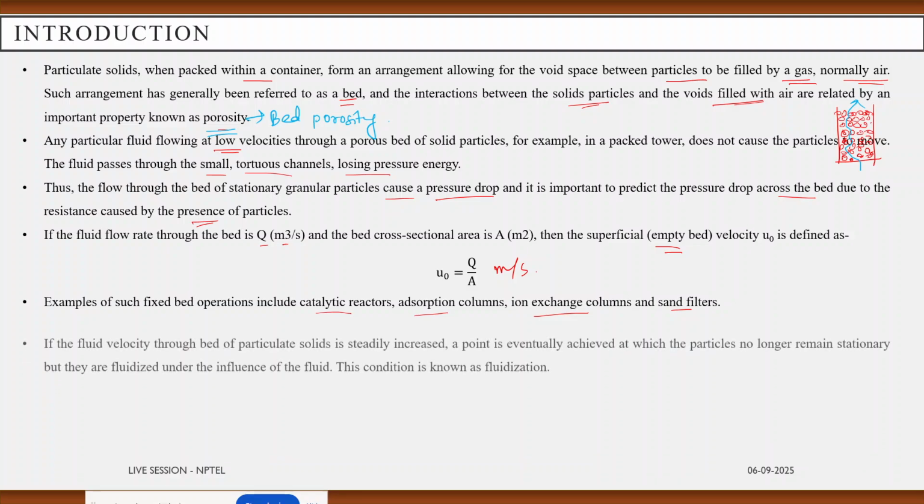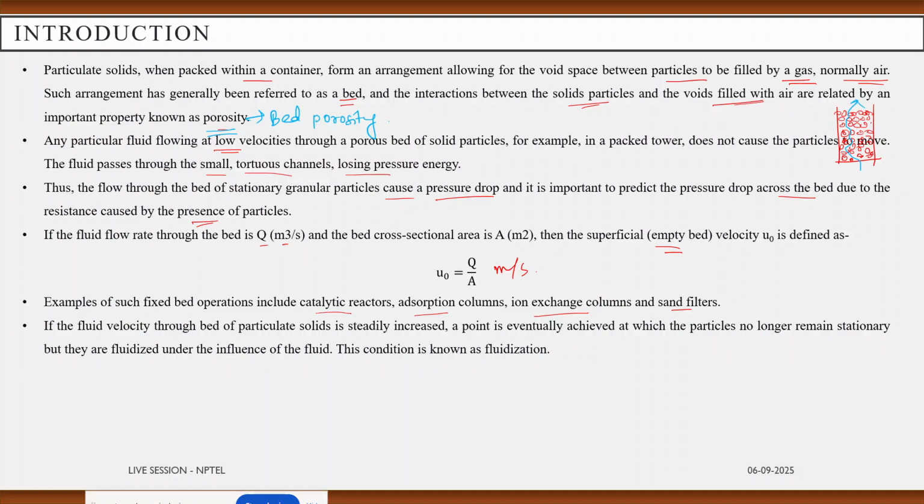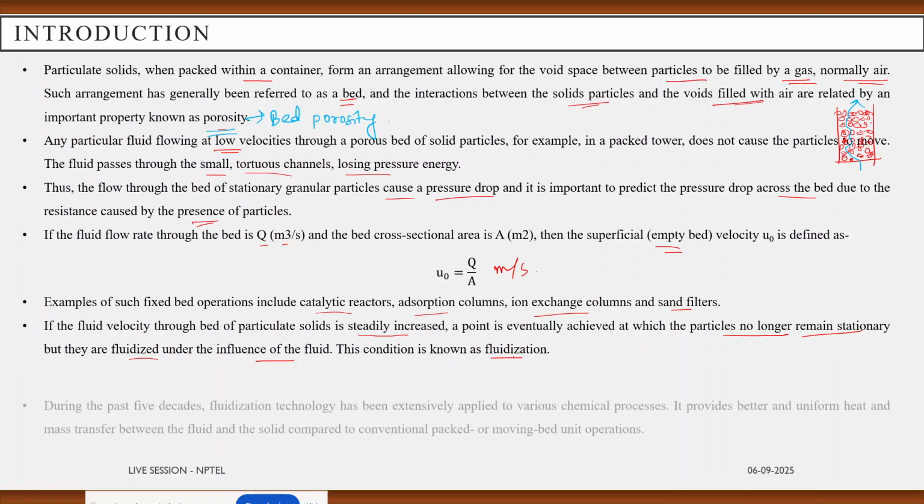It is important to know what is the velocity required for the particulate zone. If the fluid velocity through the bed of particulate solids is steadily increasing, a point will arrive when the particles no longer remain stationary, but are fluidized under the influence of the fluid at that particular velocity. That point is known as the fluidization point.